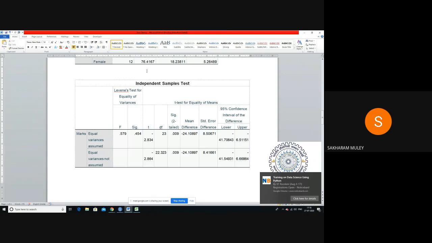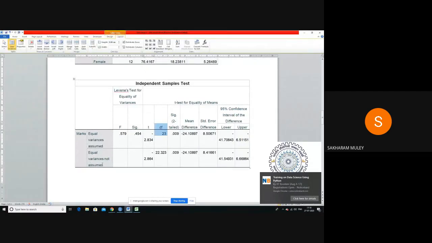Now, we will get a little bit of change in the values. We will not have any change in the t-test value, but the change starts with the degrees of freedom. You will find that I have 25 observations, so my default degrees of freedom will be 25 minus 2, because we are comparing two groups, so degrees of freedom comes out to be 23 in this column.